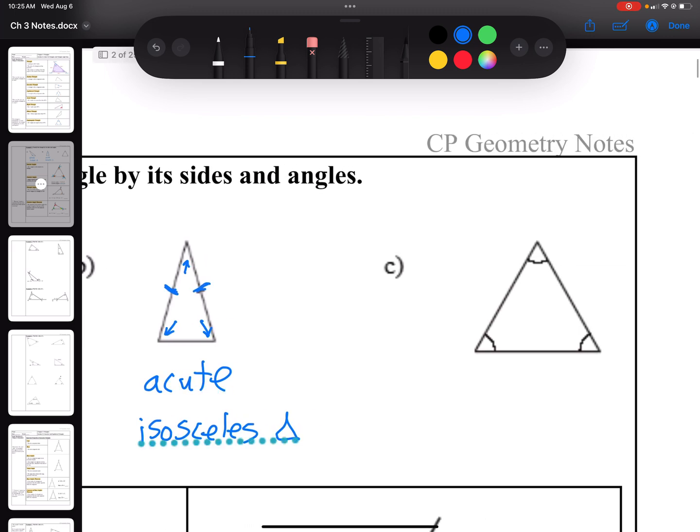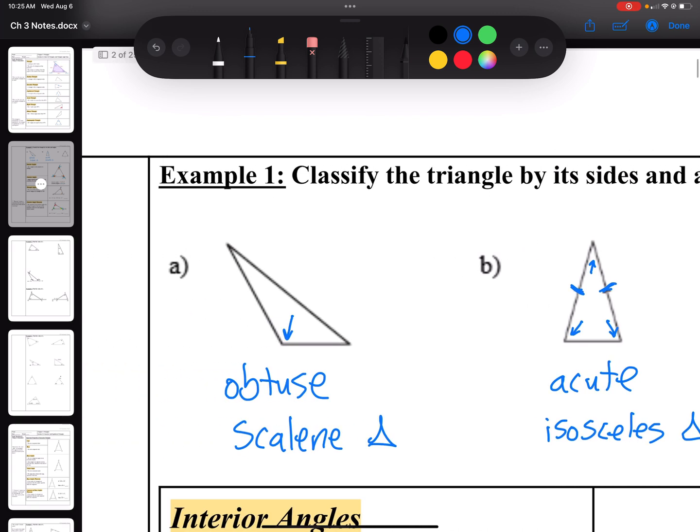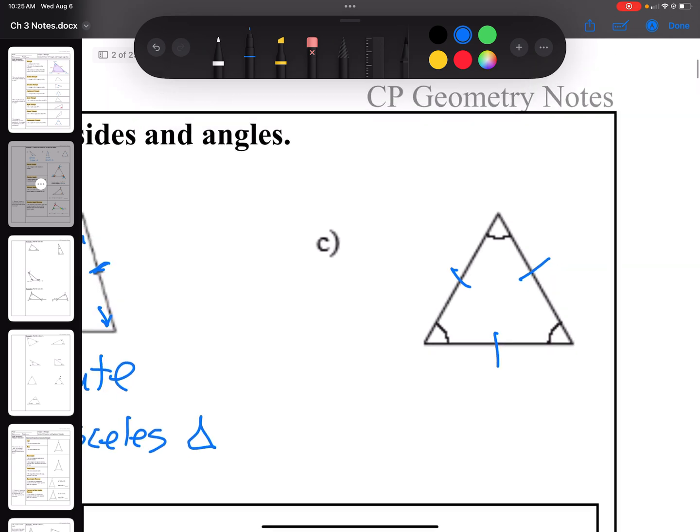This one, I see that all 3 angles are equal, so I know it's equiangular. And we did say that if it's equiangular, it automatically must be equilateral as well. So I'm allowed to add those tick marks in this case. I couldn't add them in A because I didn't have enough information to really add stuff to the diagram. But since all 3 angles are equal, that means all 3 sides have to be equal as well.